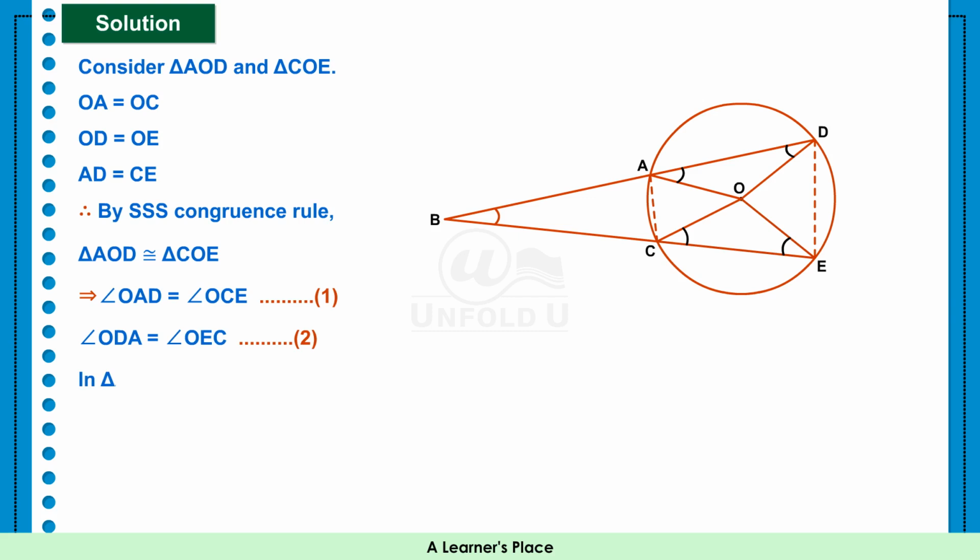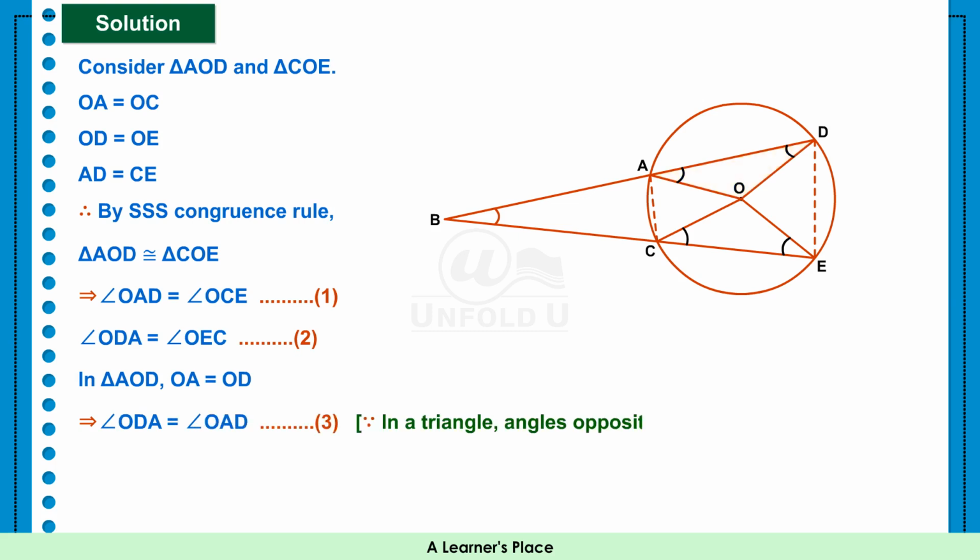In triangle AOD, OA is equal to OD, which implies that angle ODA is equal to angle OAD.